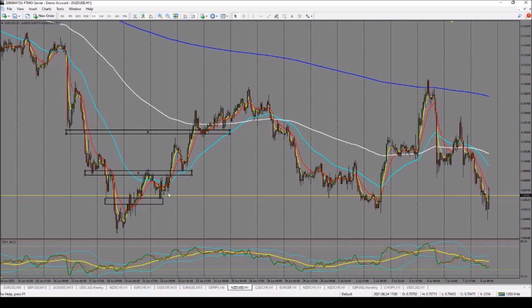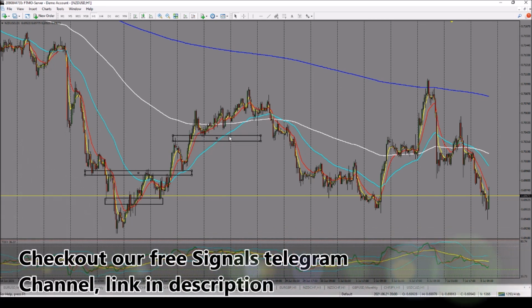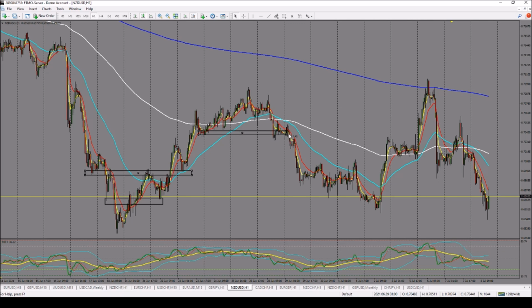So we now want to use this flow to see where we were going to enter in the current flow. On that current flow, I'm just going to pick out these rectangles that I've already drawn. We can see that this was the first lower high of the previous flow, right? We broke and we retested that previous lower high.